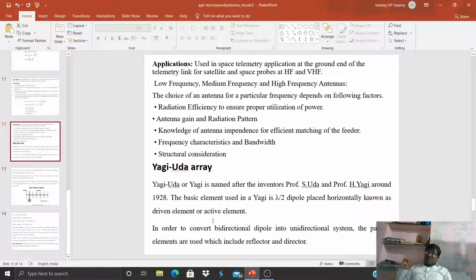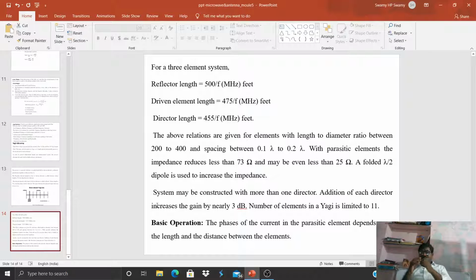In order to convert a bidirectional dipole into a unidirectional system, passive elements are used along with this active or driven element. Those are called the reflector and director.